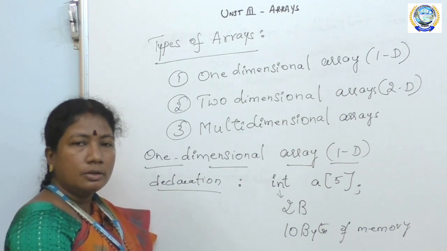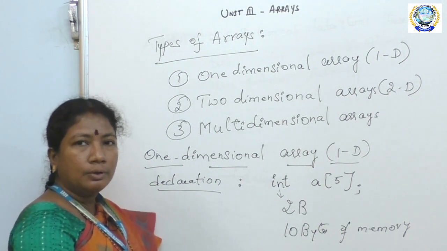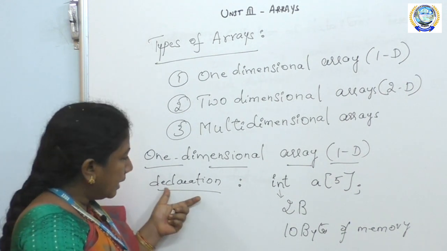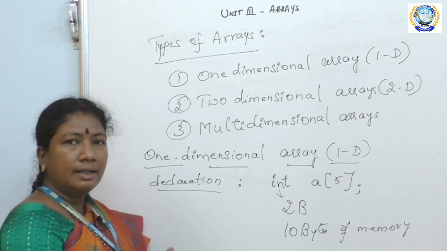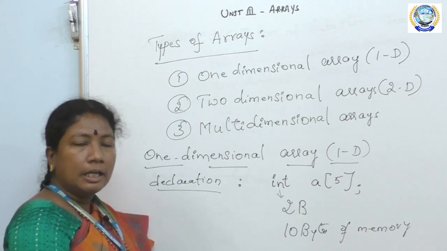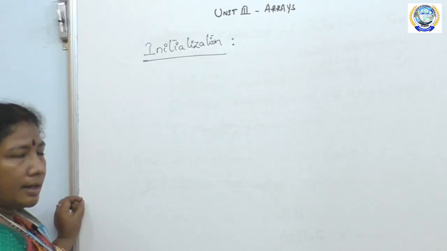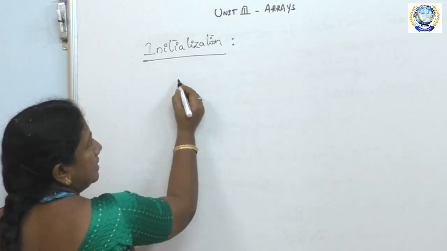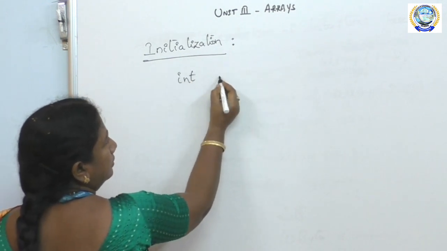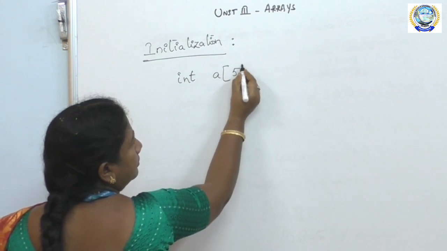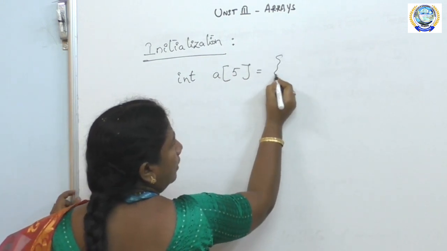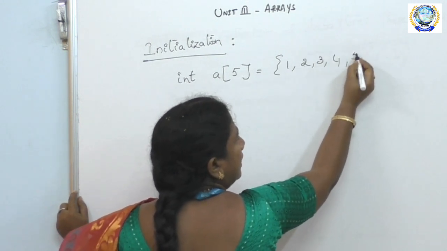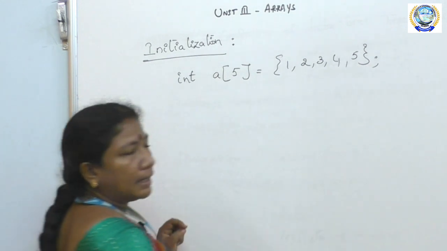By this declaration, they won't store any values into this array. So, in order to store the values, we have to either initialize the values at the time of declaration or read the values by using input statements. The array can be initialized at the time of declaration as int a[5] = {1, 2, 3, 4, 5}.